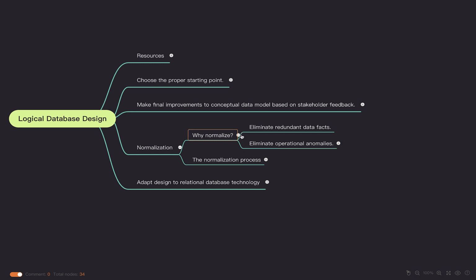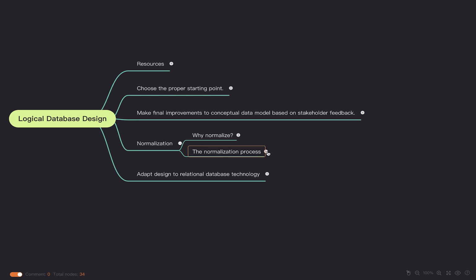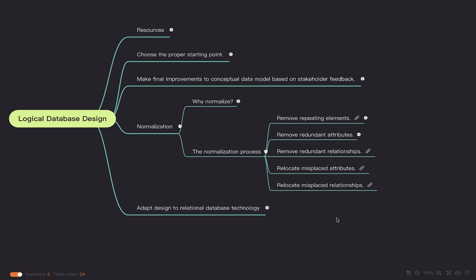All right. So we know that we're going to normalize. So what does that process look like? Well, I want to say that if you followed the advice that I've given you in my lecture on the conceptual data model, we're already pretty well along.